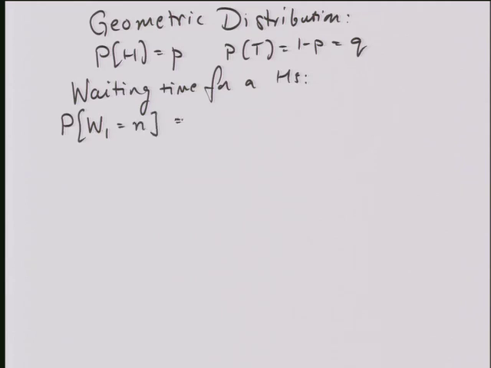So if you have to wait for n tosses before you get a heads, what must happen? Yeah, so it's tails for n minus 1 times, and then it's a heads. So the probability of that is exactly q to the n minus 1 times p. Okay, so now suppose we wanted to compute the expected value of W1.